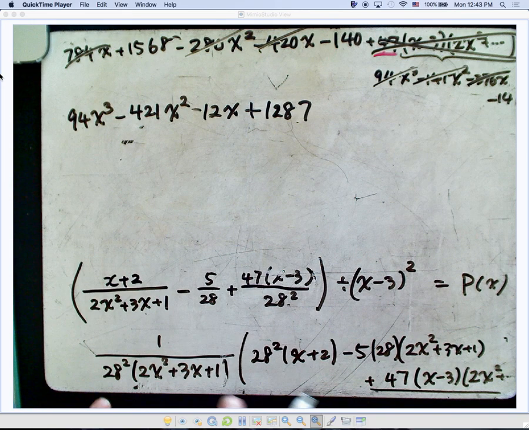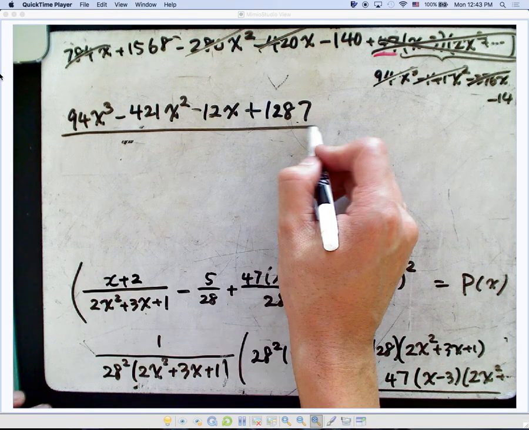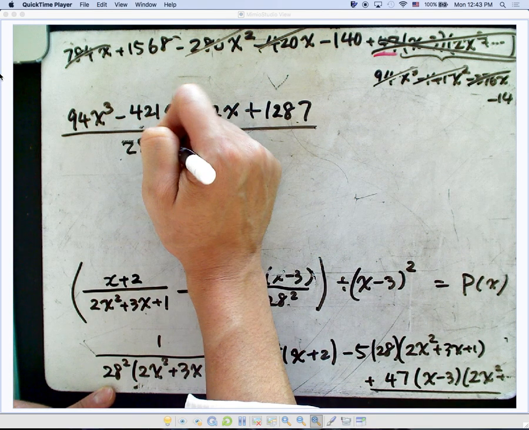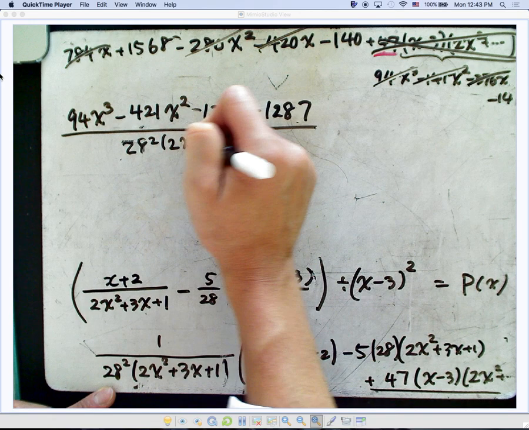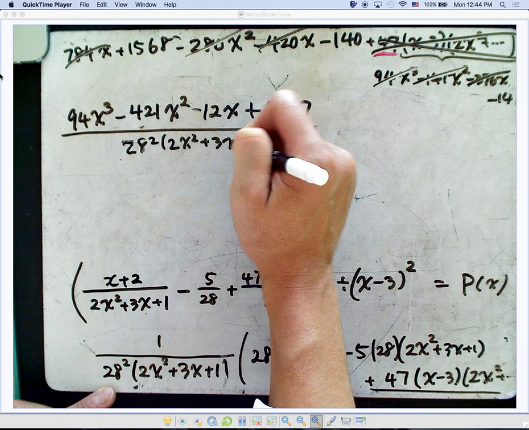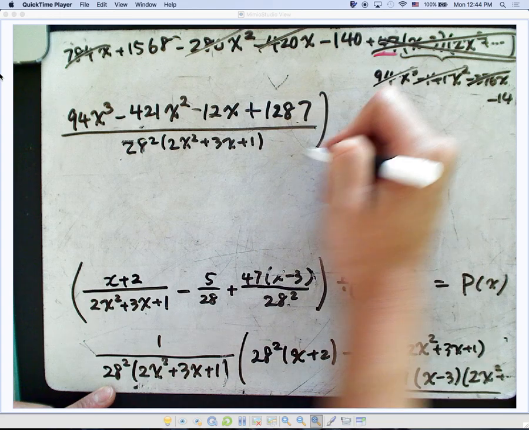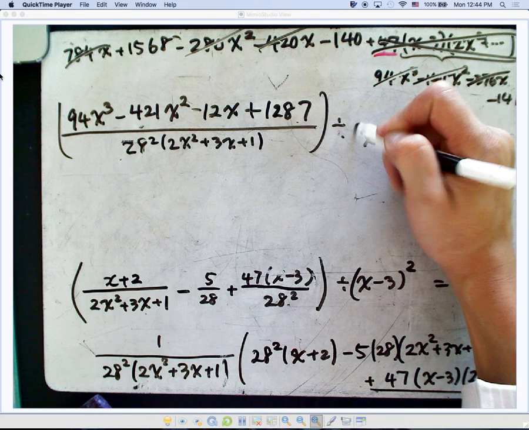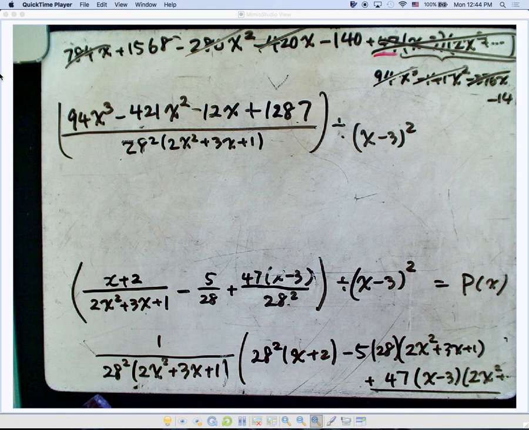You have to divide that by this denominator. The numerator divided by 28² times (2x² + 3x + 1), all divided by (x − 3)².